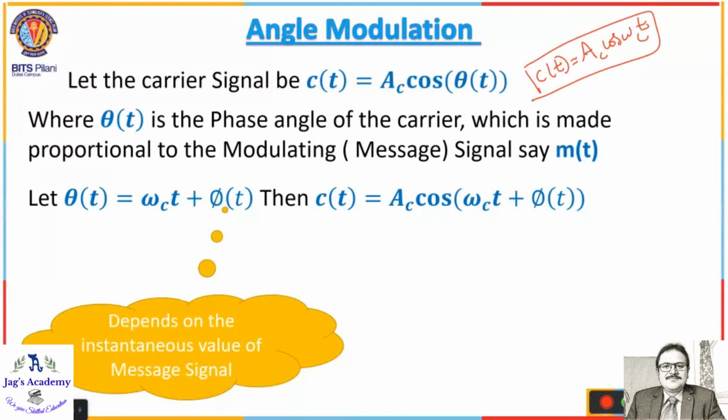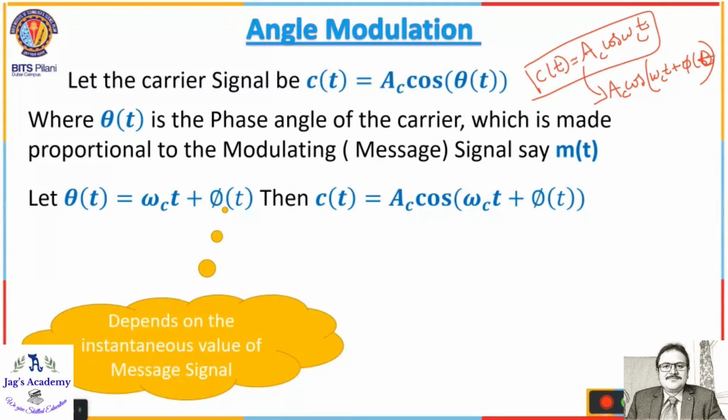This is the carrier wave with the frequency of the carrier wave equal to omega c, or else fc hertz, which is in terms of 50 megahertz, 60 megahertz, 70 megahertz, right? Now what I do in angle modulation is that I will change this to omega ct plus phi of t.